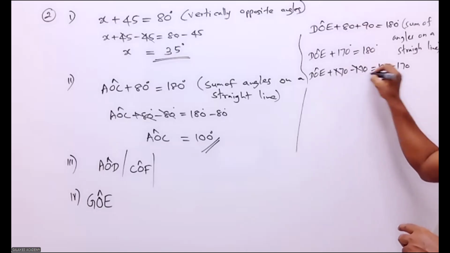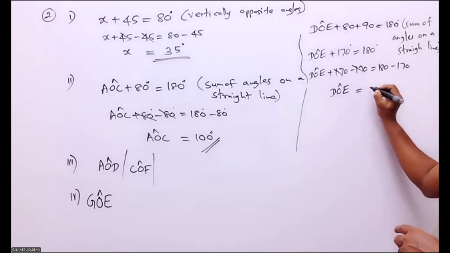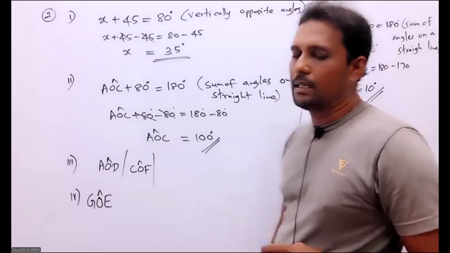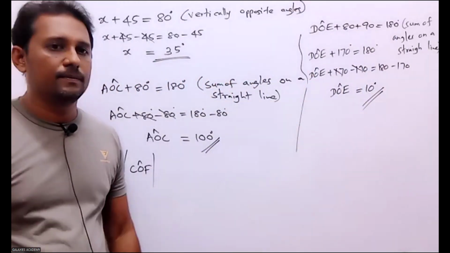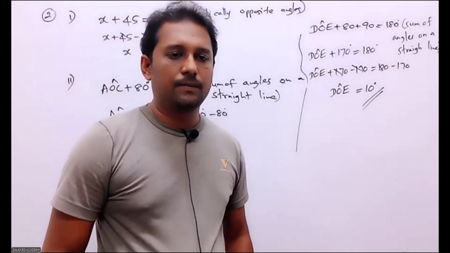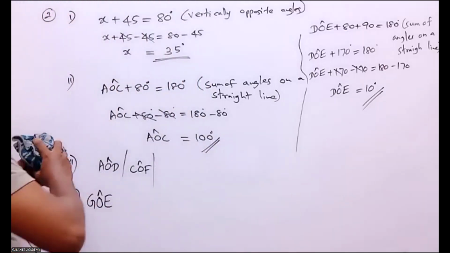Then plus 170 minus 170 cancel. So DOE angle equals 10 degrees. Right? They are the answers for the second question.